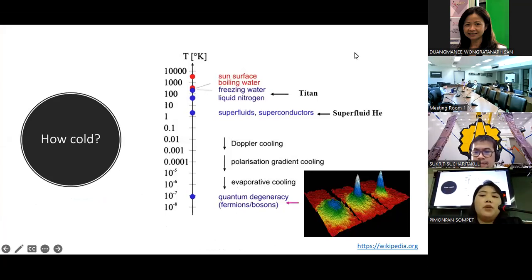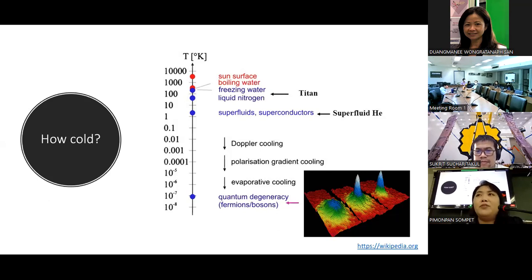Room temperature is about 300 Kelvin, which sounds high, right? What we are talking about in cold atoms is in the micro Kelvin regime, which is actually 6 orders of magnitude colder for the first stage of cooling.